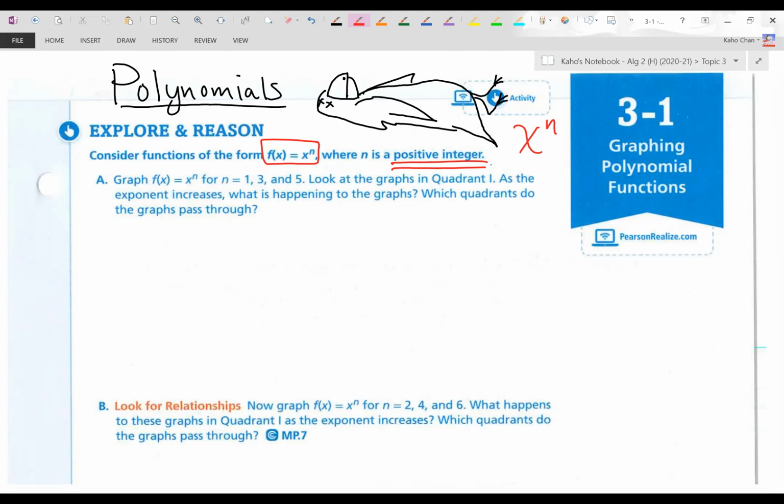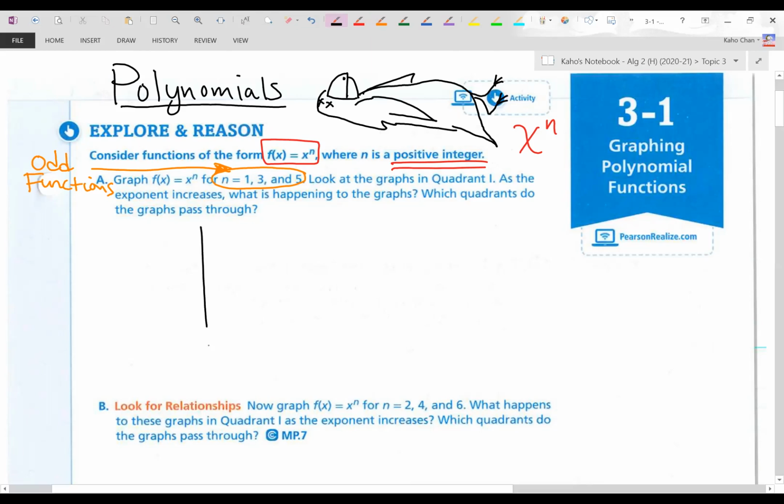Whether you're going from negative infinity or going to positive infinity, we'll talk more about that later. But the first question looks like what happens if your n power is odd? These are called literally odd functions. In algebra, there are three cases we're going to try to take a look at here.